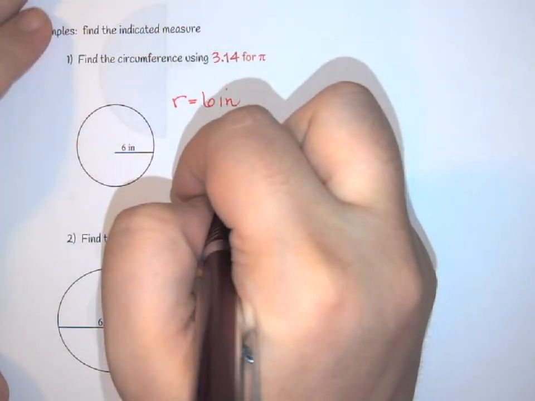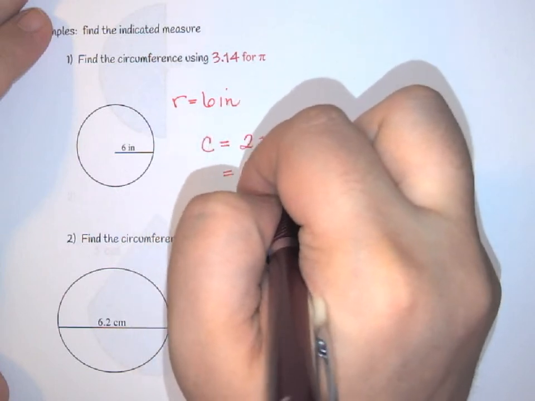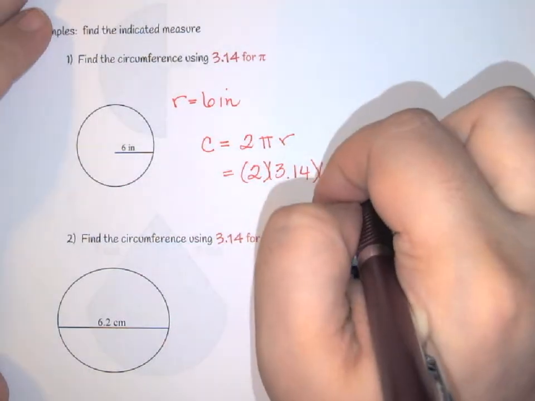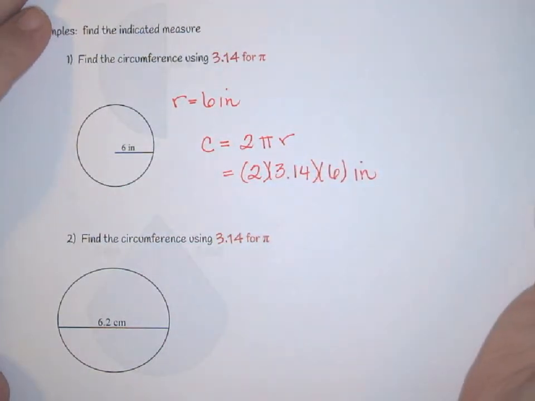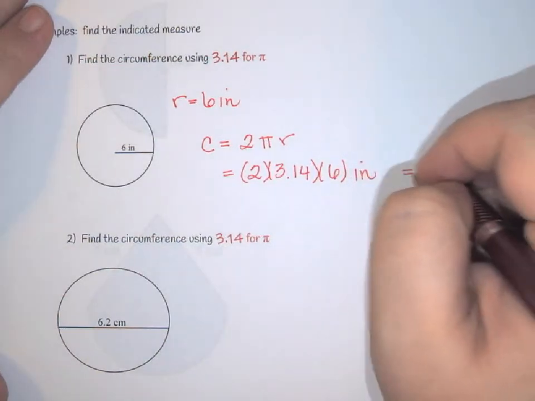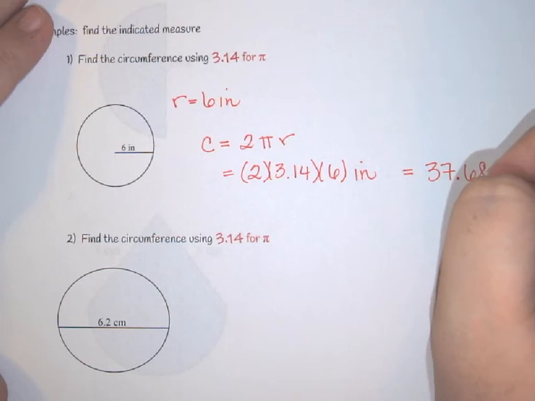What this means is that we're going to use 2 times 3.14 times 6. And this is inches. When you multiply all those together, you will come out with 37.68 inches.